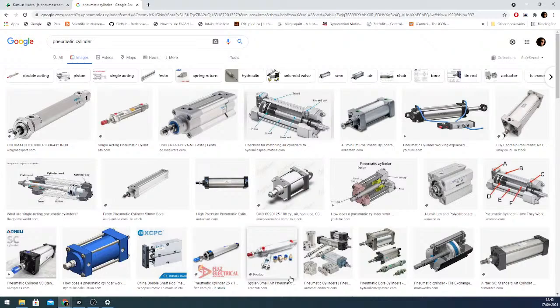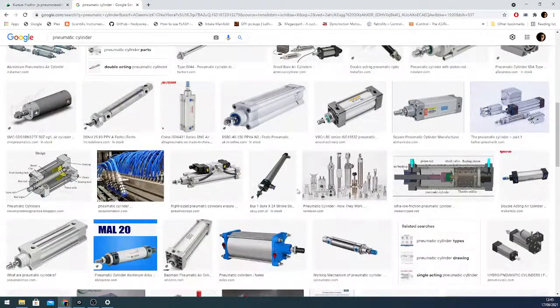So by using cylinders we achieve linear motion. With motors we achieve rotary motion. That means that cylinders move in a straight line usually, and the motors basically are spinning.